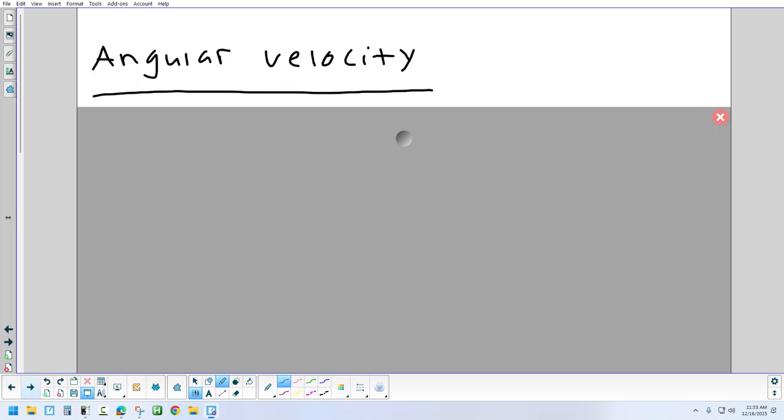There's already a concept of speed we use a lot to measure the speed of something moving in a straight line. This doesn't measure that. Does anybody have a guess what angular velocity measures? Something moving at an angle.